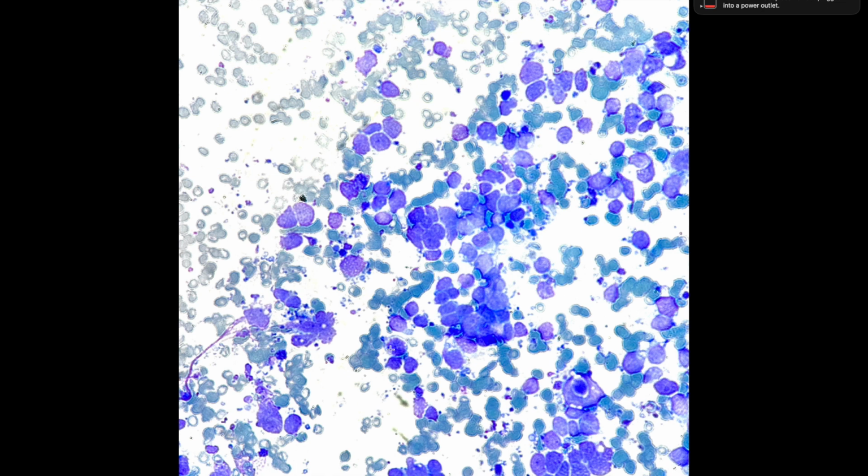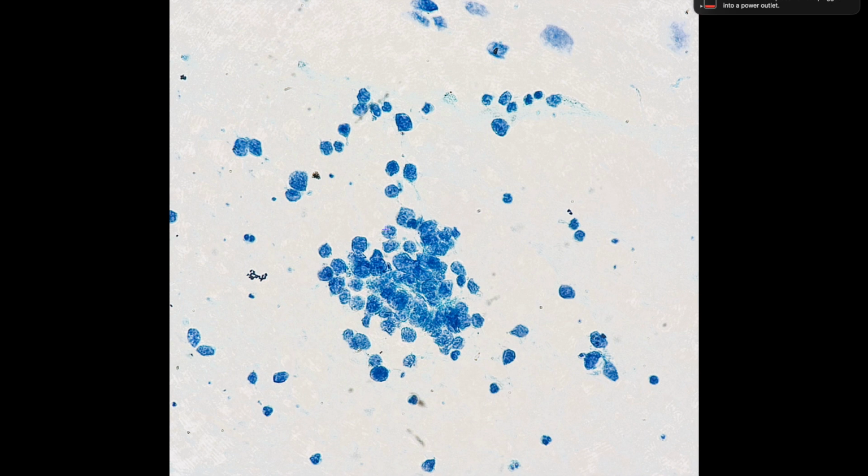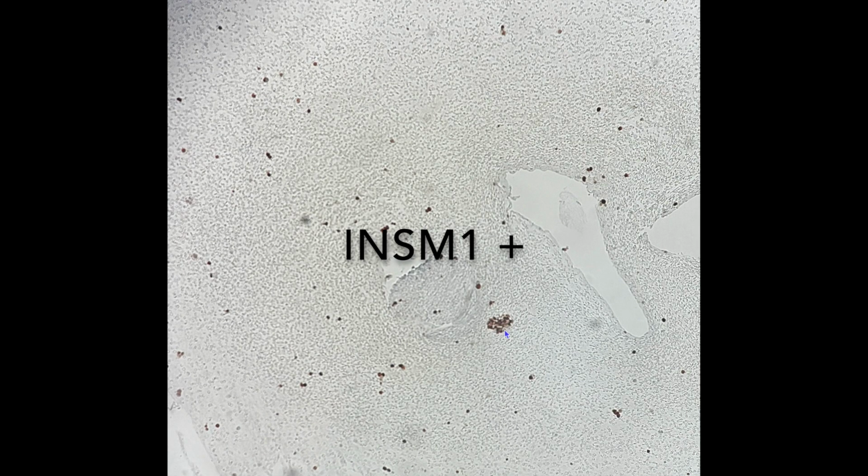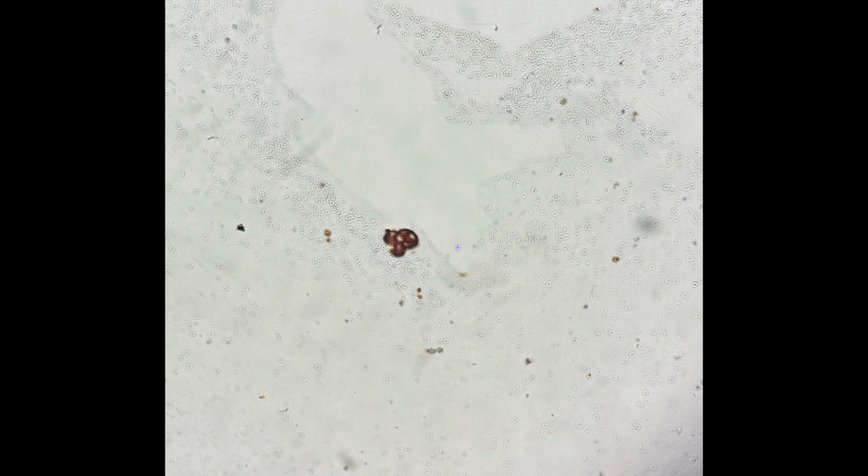They have these blue bodies called paranuclear blue bodies, and some lymphoglandular bodies as well. On PAP, where we can better visualize nuclear details, it has this salt and pepper kind of chromatin, and here is the cell block. We do an INSM1, it is nuclear, it is positive, and then we do a cytokeratin, and that's positive as well.